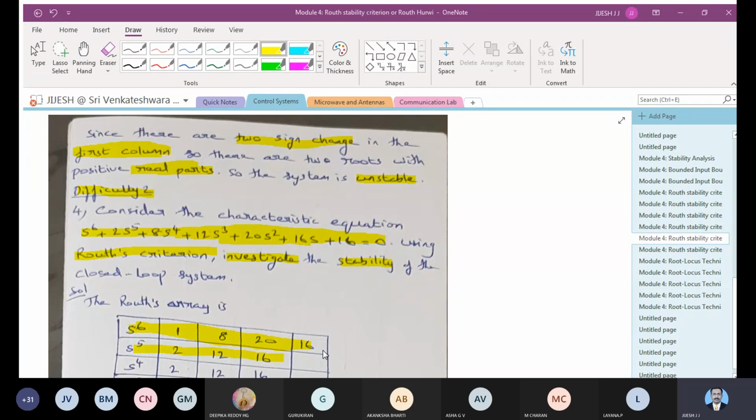You can just imagine that it will be a 10 marks question. They will not give you straightforward Routh stability criteria problems. For the question paper, they will try to enhance your knowledge level. So they will go with difficulty 1 or difficulty 2 related problems, where one or two extra steps are required to find out the stability of the system, in most cases.